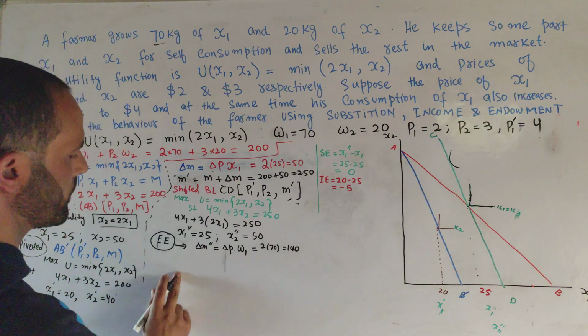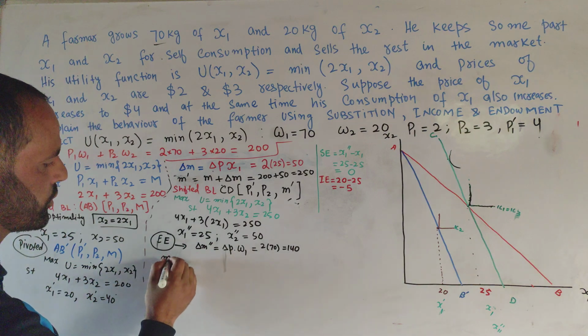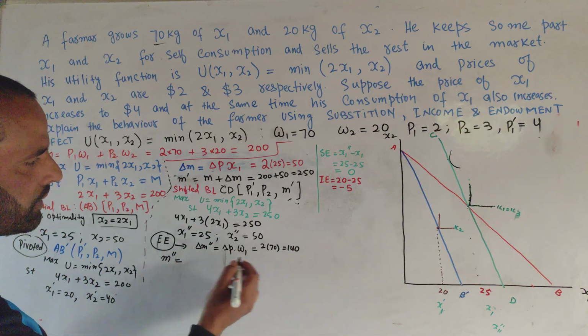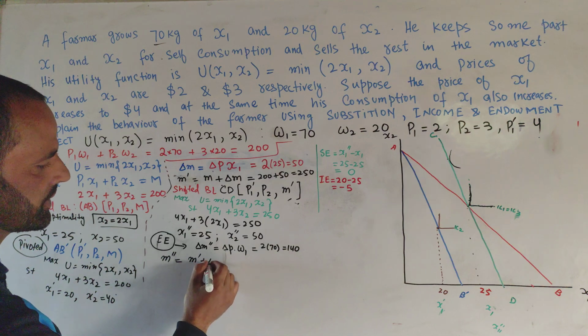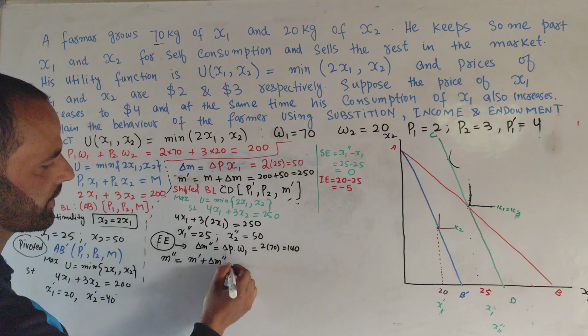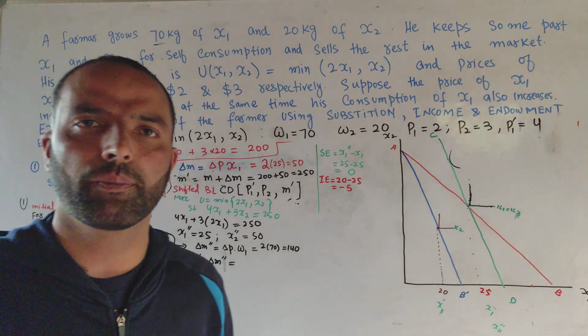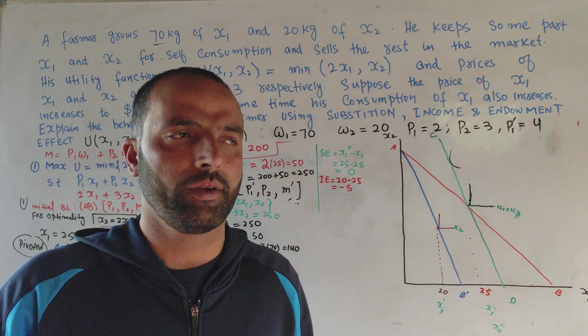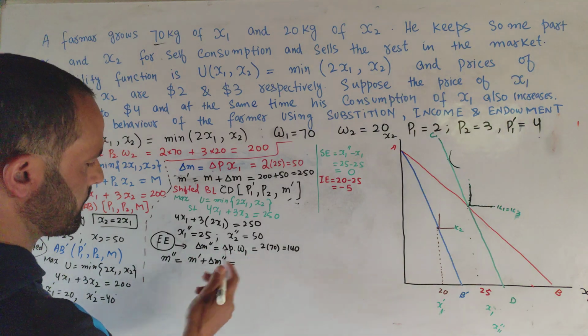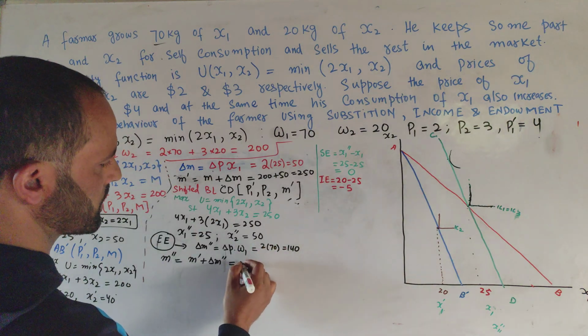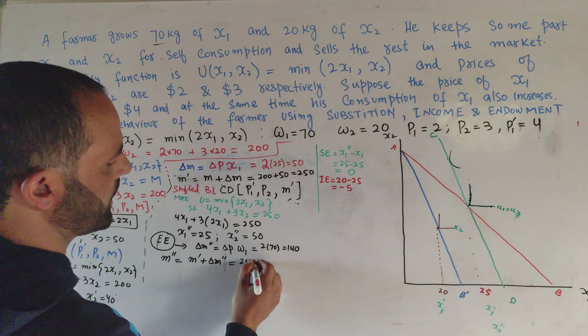Now what will be the new income of the consumer? Let us denote by m double prime, it will be equal to initial income plus the change in the endowment income. Obviously when the price of good increases, his endowment income has increased because its price has increased. So this is equal to 200 plus 140, it comes out to be 240.